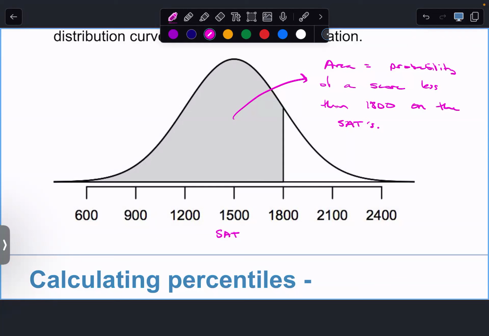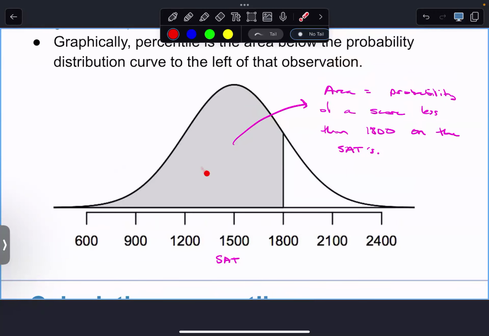Okay. So this area is what we're working towards being able to find, right? Because we want to know what's the probability of a score less than 1800, or maybe more interesting, what's the probability of scoring higher than 1800? What do we leverage then?